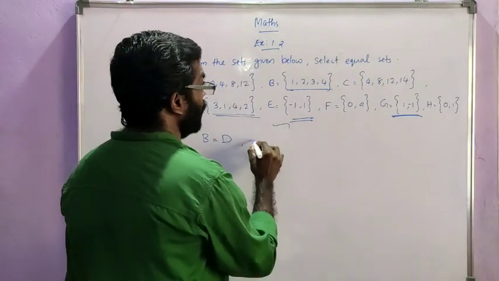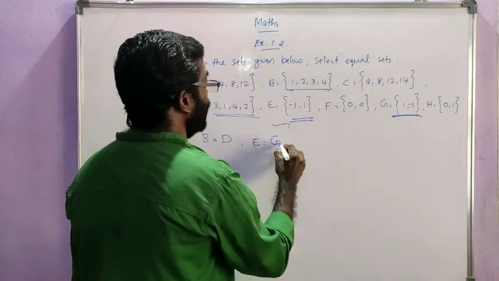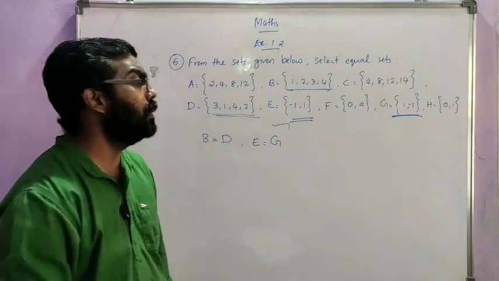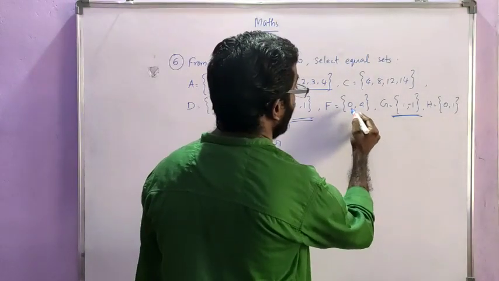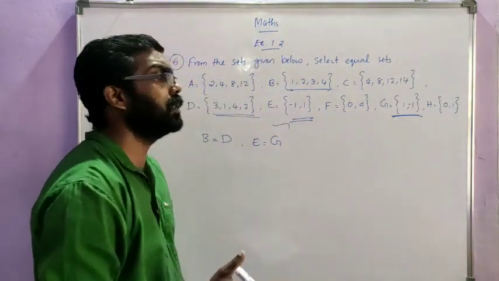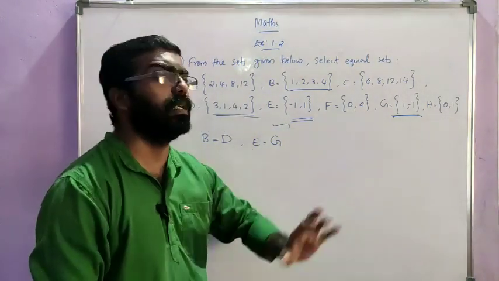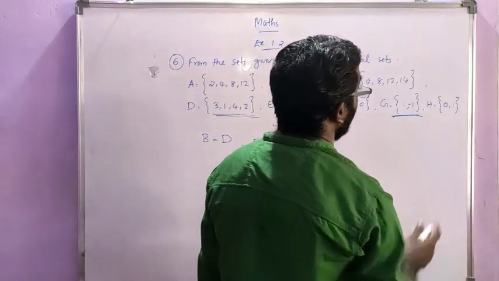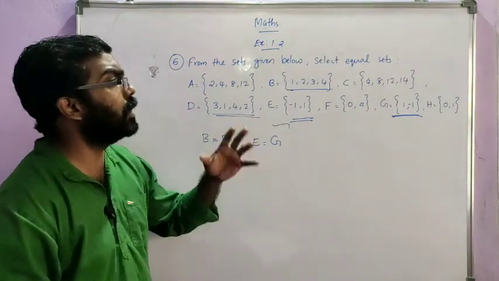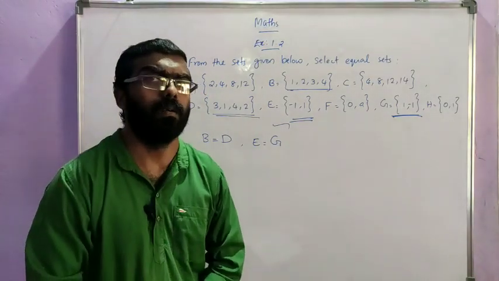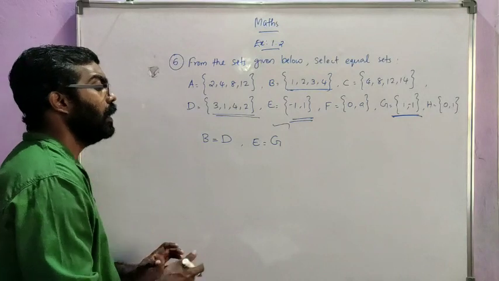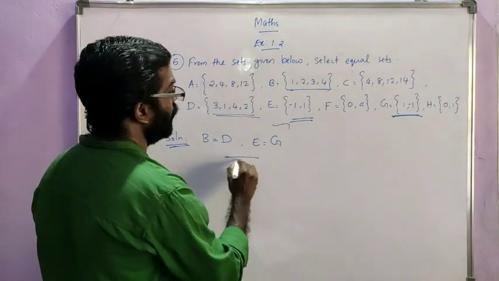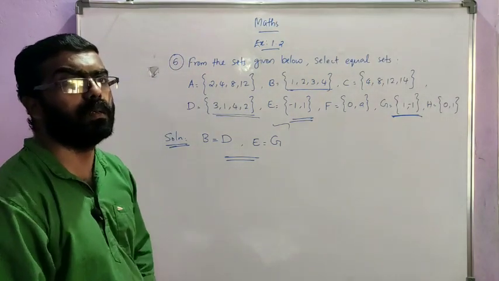So we can write E is equal to G, since E and G contains exactly the same elements. Now we can consider F {0, A}. But there is no other set which contains the elements 0, A. Then one more set is there, H is equal to {0, 1} and there is no set with 0, 1. Okay. So the answer is B is equal to D and E is equal to G. Clear?